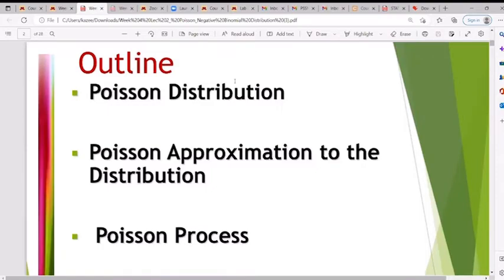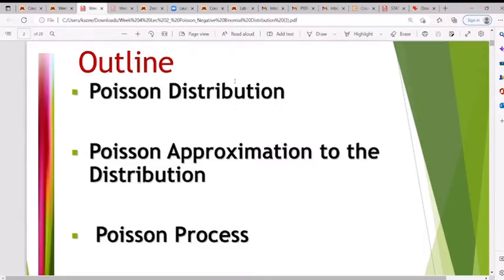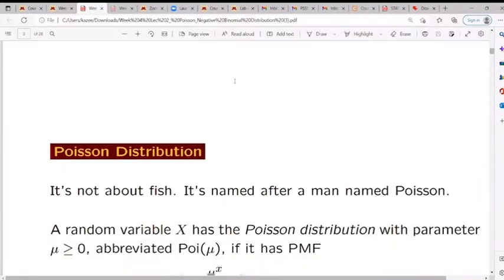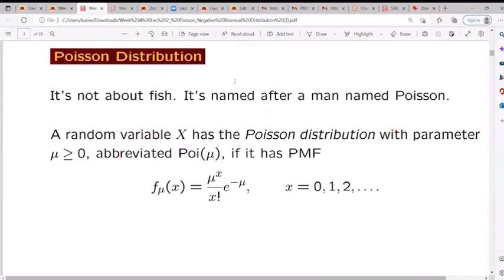In the outline today, I'm going to walk you through this, and you're going to learn how the Poisson approximation to the normal distribution is done, then the Poisson process, then the negative binomial, and the concept of convolution we're also going to discuss. So let's get started.